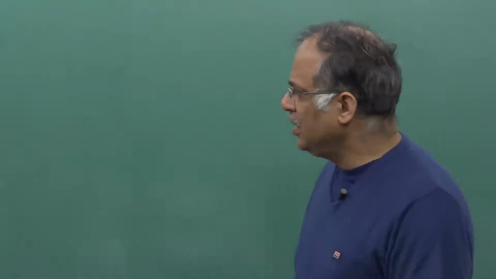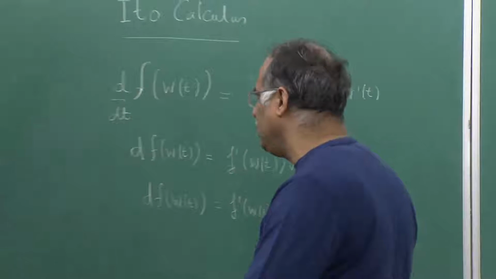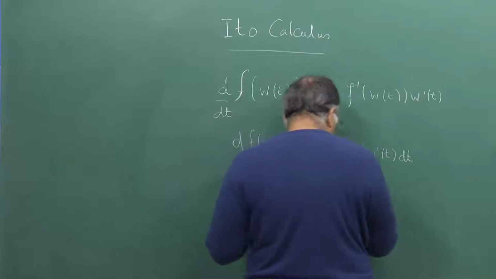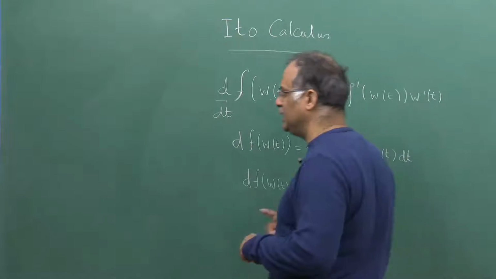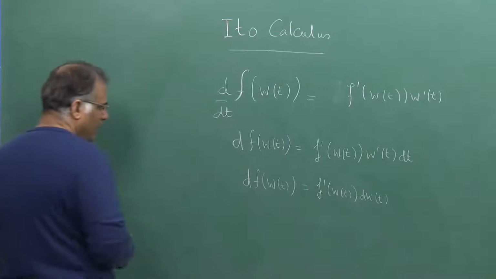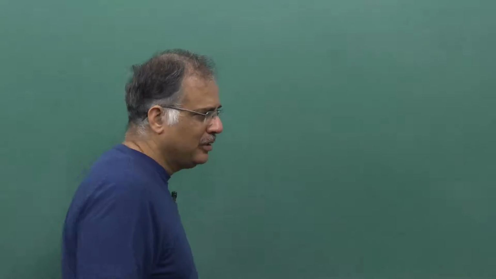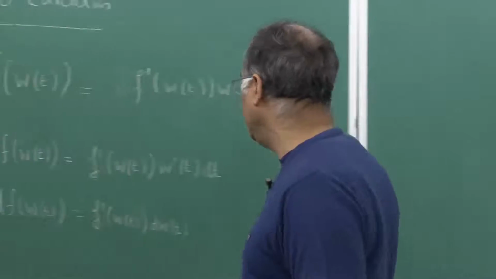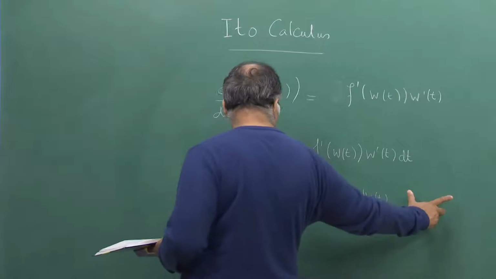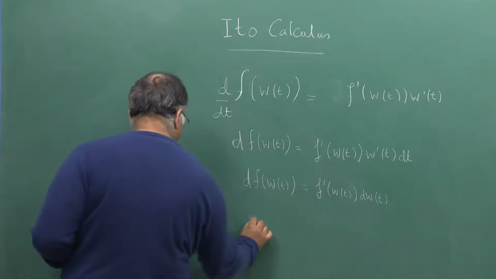But as we will show, if we can give meaning to this dWt, in actual case this expression does not end here, but a term is added because of the quadratic variation.